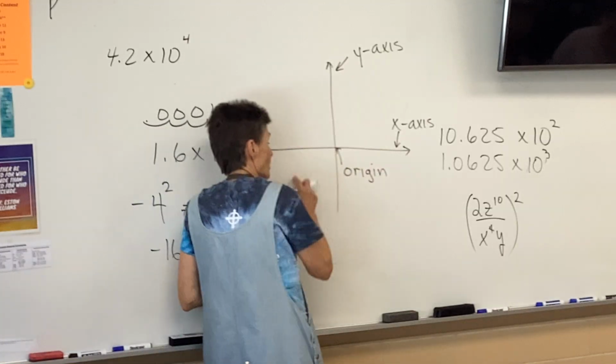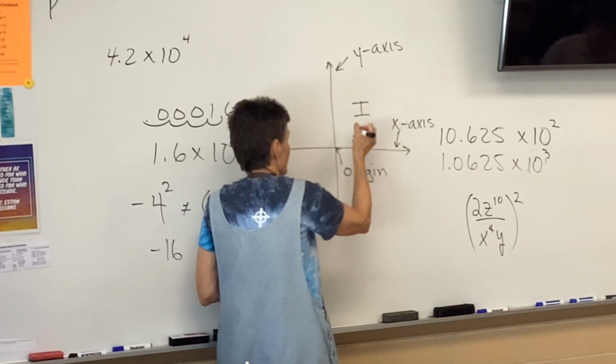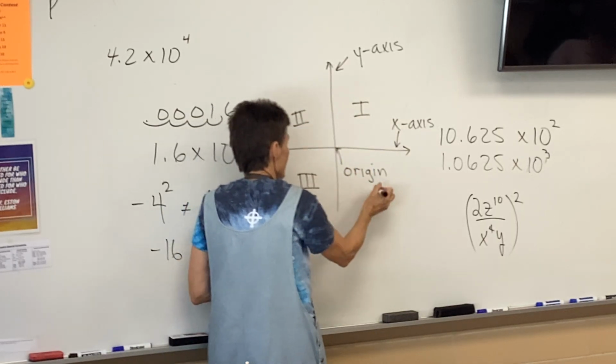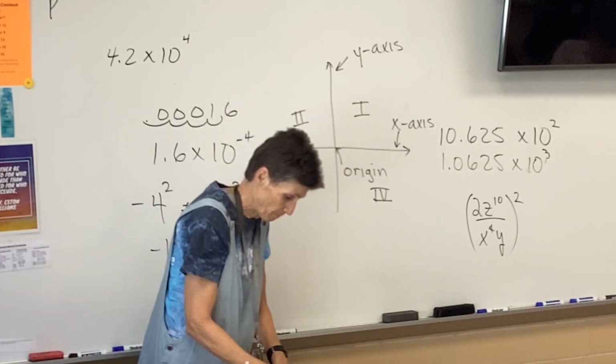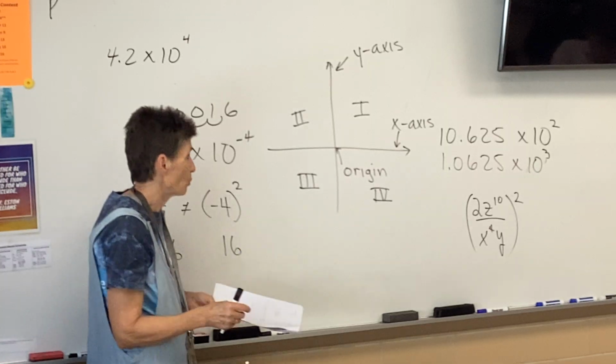Those 4 pieces are called quadrants, and they are numbered universally 1, 2, 3, and 4. And we use Roman numerals to identify our quadrants.